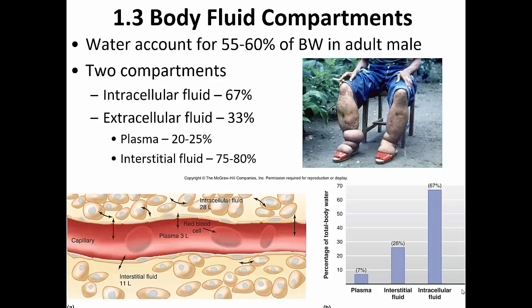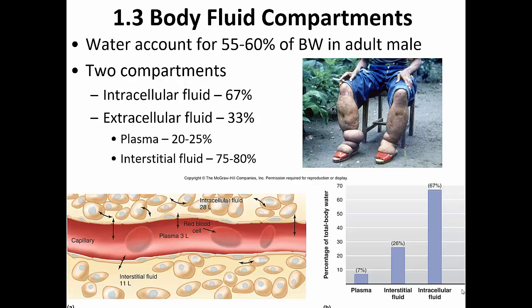In section 1.3, we spent some time talking about the distribution of fluid in the human body. What we notice is that water accounts for about 55 to 60% of the body weight of an adult male human, and that fluid is found in two compartments.